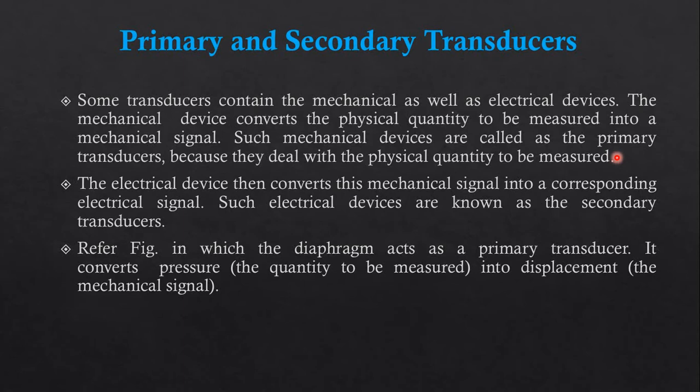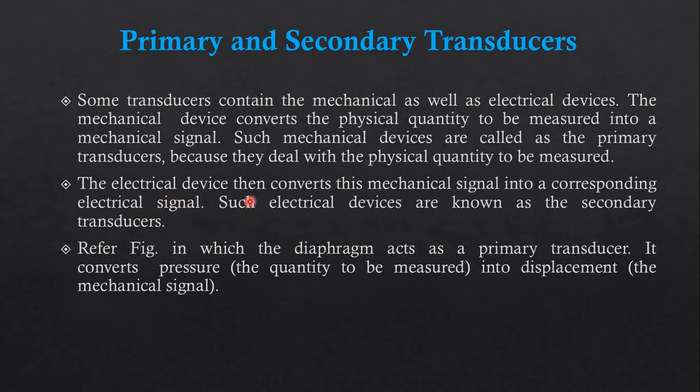Suppose we are measuring the pressure using some pressure gauge. At that time, first we convert that pressure into mechanical energy. Then after, from the mechanical energy, we can use our passive transducer and measure it in electrical form. So converting any physical quantity into a mechanical quantity, that is the first stage. That stage is called a primary transducer because they deal with the physical quantity to be measured.